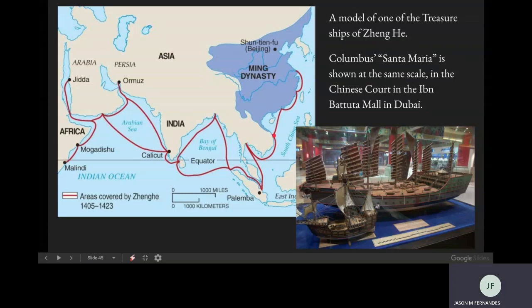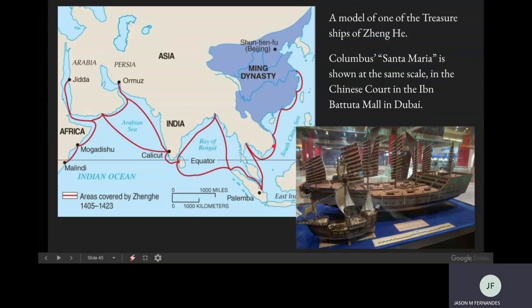And you have tribute being paid back and forth between China and these smaller countries, and it goes both ways. And in the records from Zheng He, you have China deposing people in certain areas. Like in Palembang, for example, they take out the leader and put somebody in there that's more to their liking.